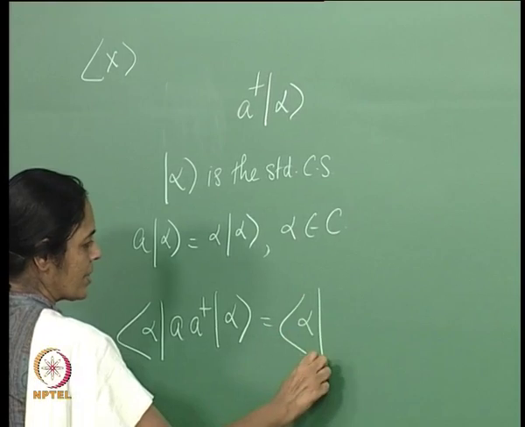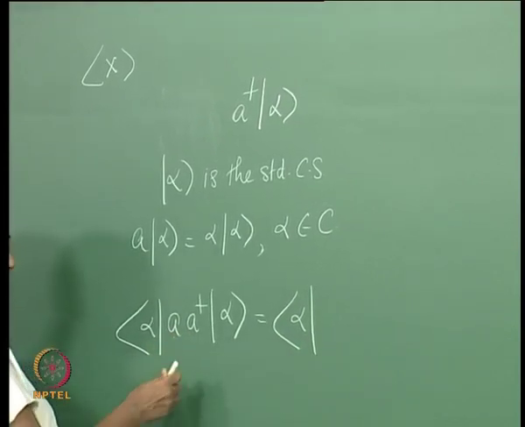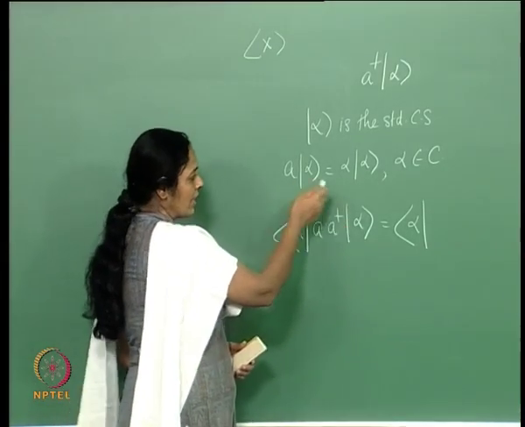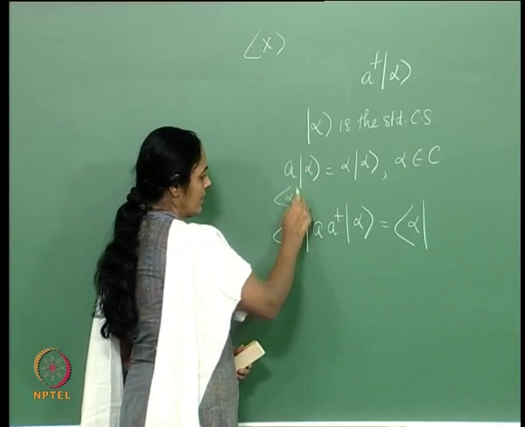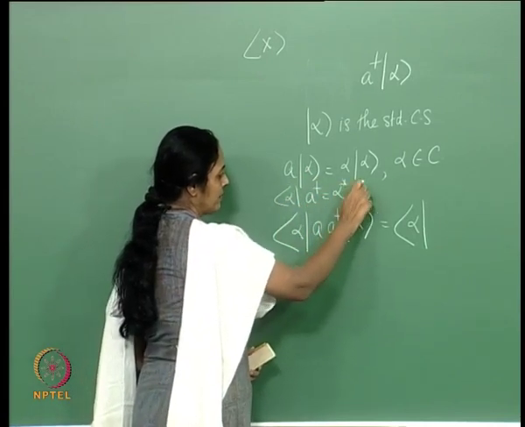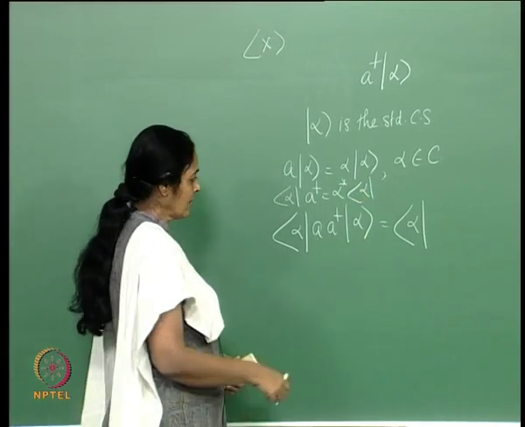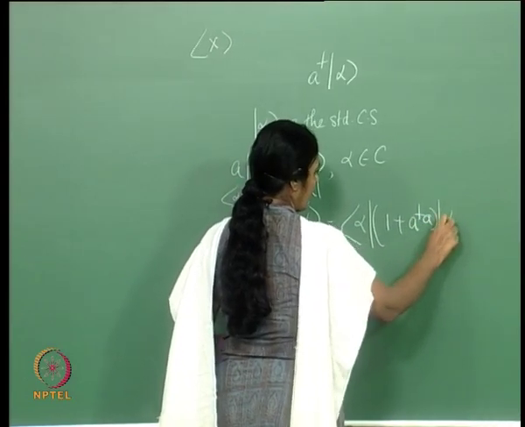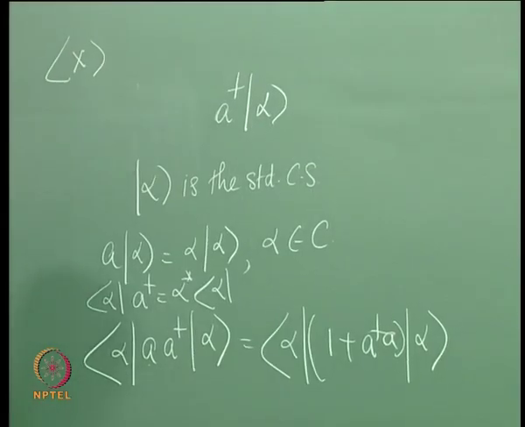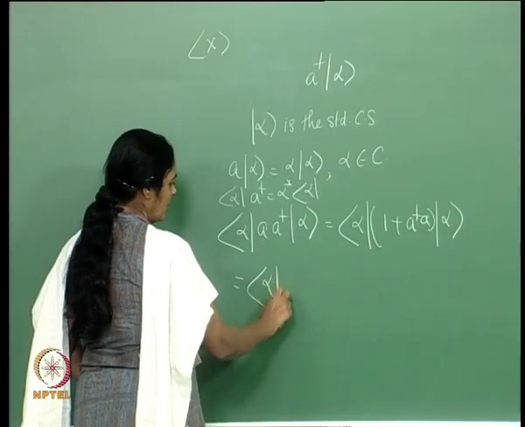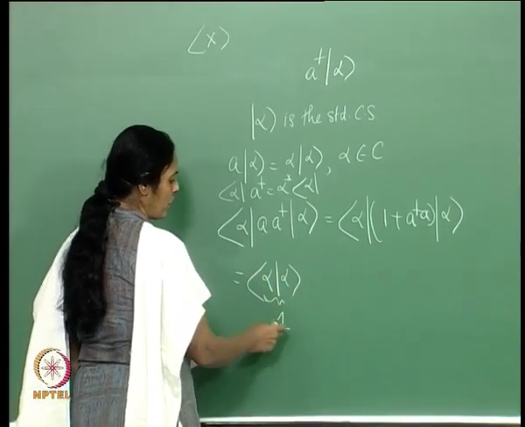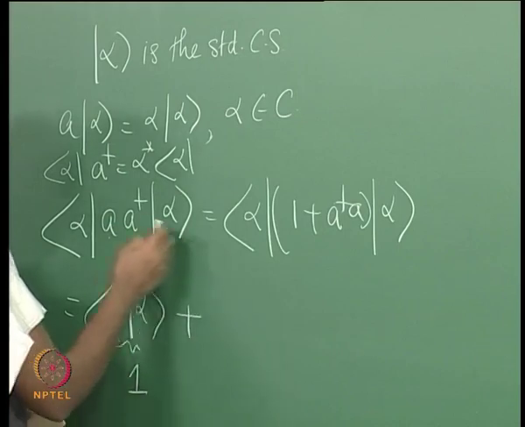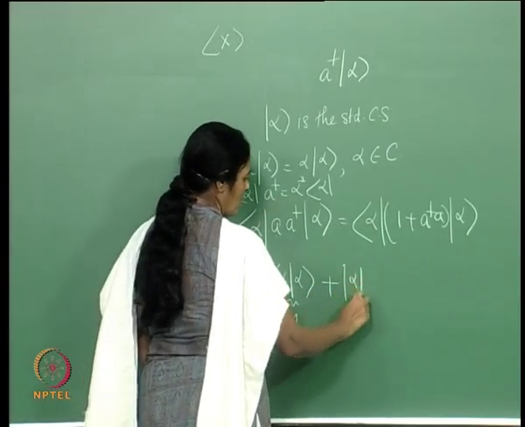I can always write this in terms of A A dagger. The idea is to get A to this side, because then I know that I can use this property and therefore this property. So, A A dagger is 1 plus A dagger A, and I need to find this, but this is something I know. The first term is simply 1, because alpha is a state normalized to 1, plus mod alpha squared.